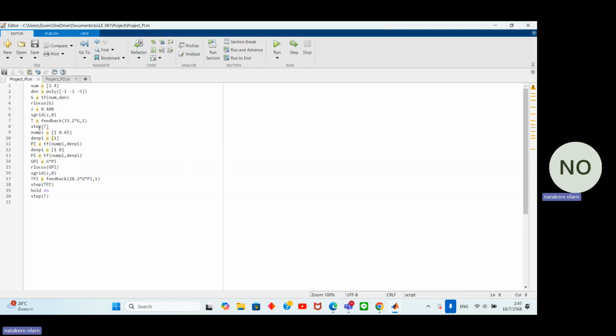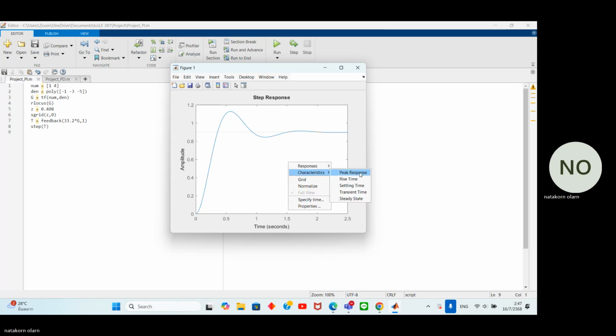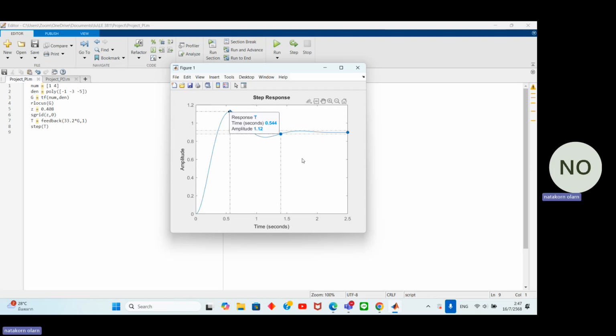So here we get all the feedback function of the system. So this is the function of the system, which has the peak time, settling time, and the steady state error with final value.